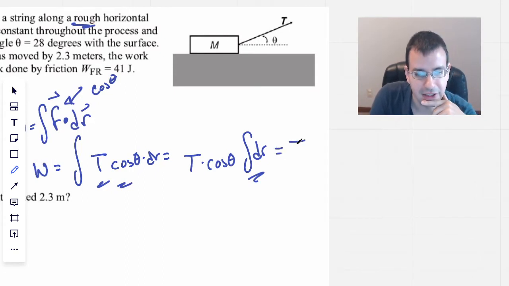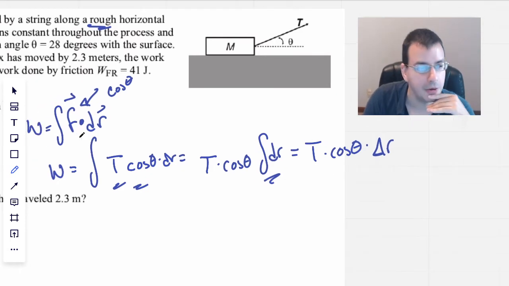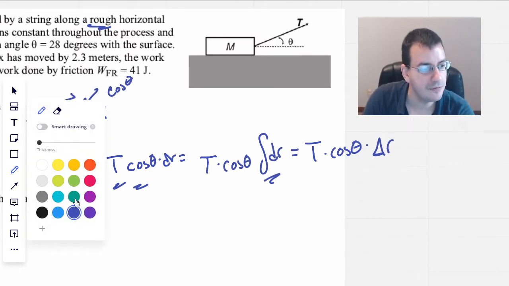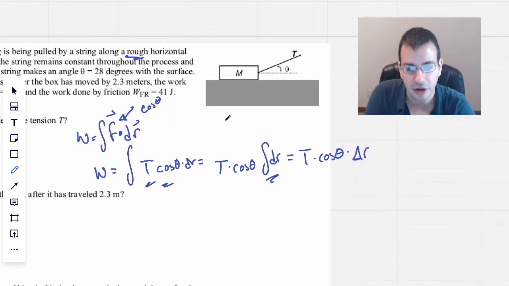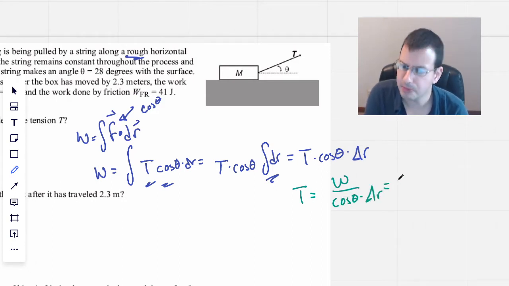So this will be T cosine of theta times delta r, where this will be r final minus r initial, which is just the distance traveled. So to solve this then, we're going to look for T, which will be T equals work done divided by cosine of theta times delta r. So, yep, looks good.